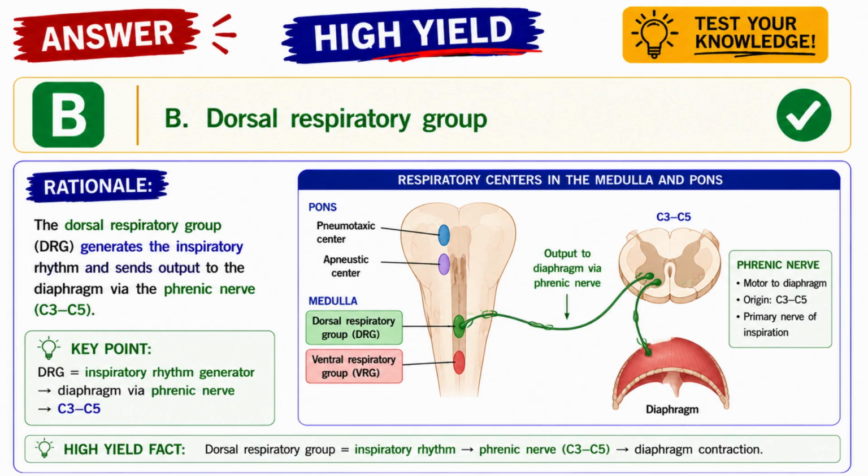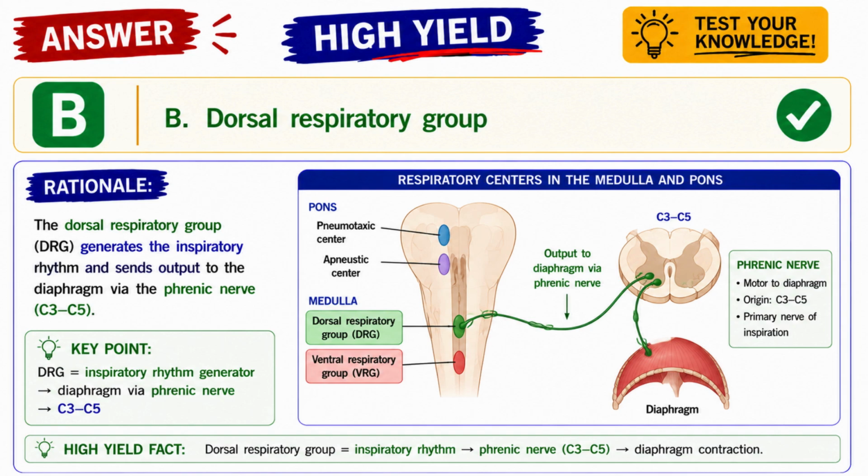This direct connection between the medullary DRG and the phrenic nerve is why high cervical spinal cord injuries, above C3, cause complete diaphragm paralysis and respiratory failure. The DRG output cannot reach the phrenic nerve if the cervical cord is injured above that level.